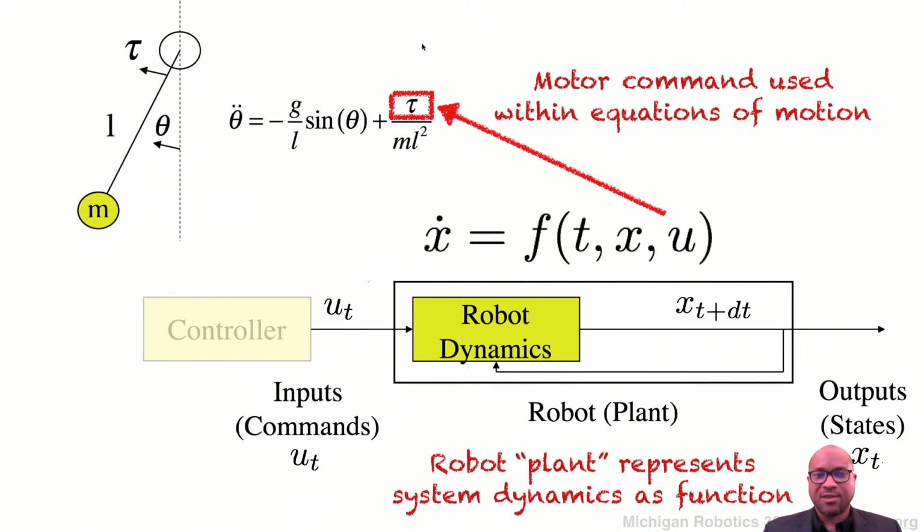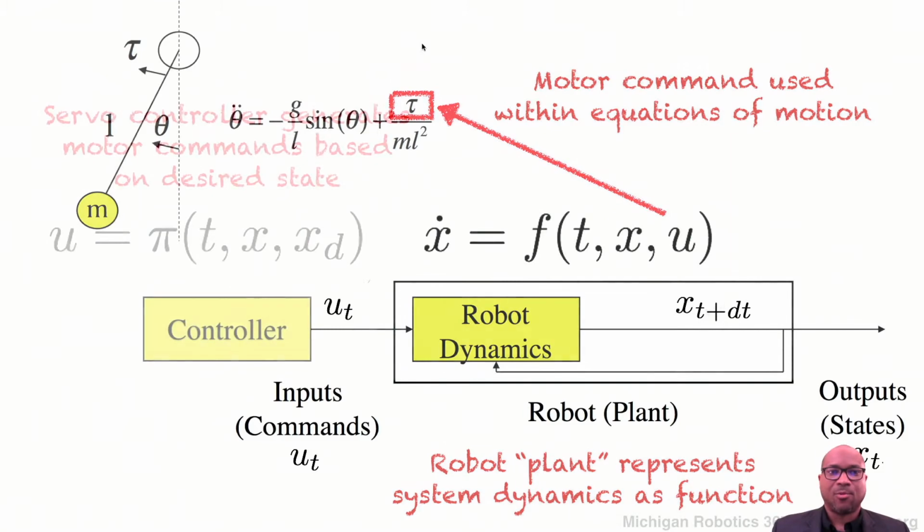The plant represents the system dynamics as a function, our function F here. That function encapsulates our equations of motion, and the motor command is the U inside of that equation of motion. So that U will relate to tau in the equation of motion that we had for the pendulum from last lecture. And so that's our plant.